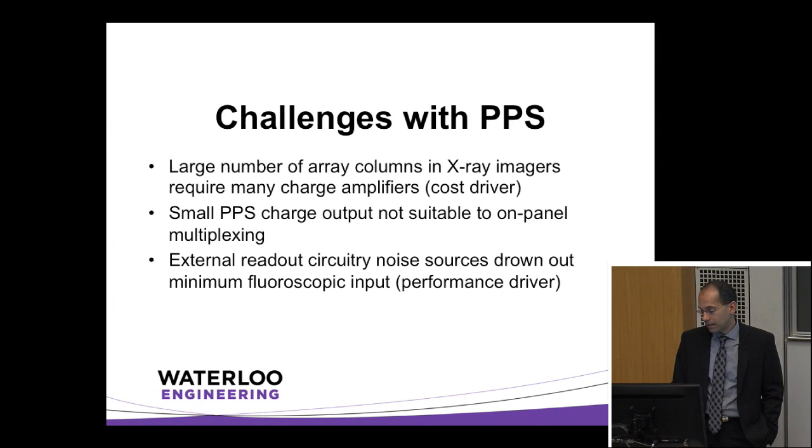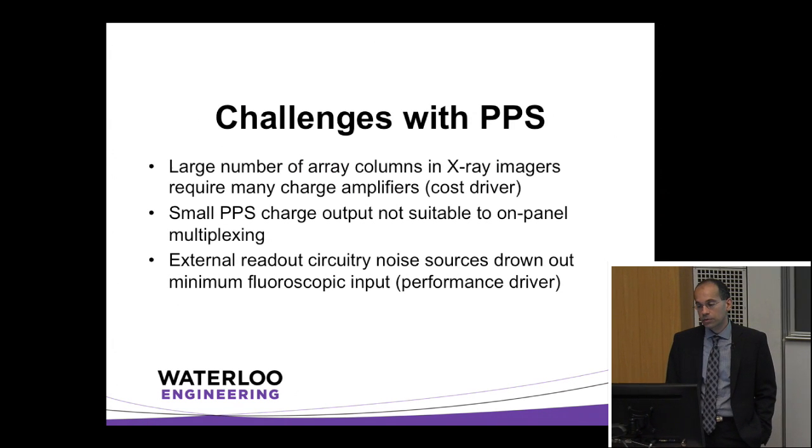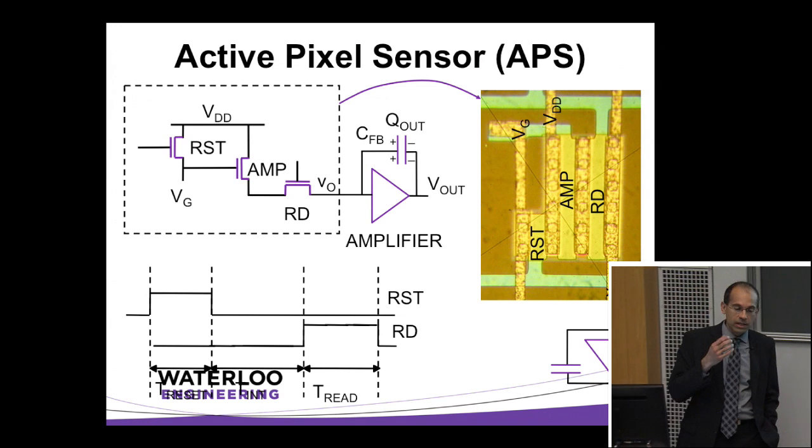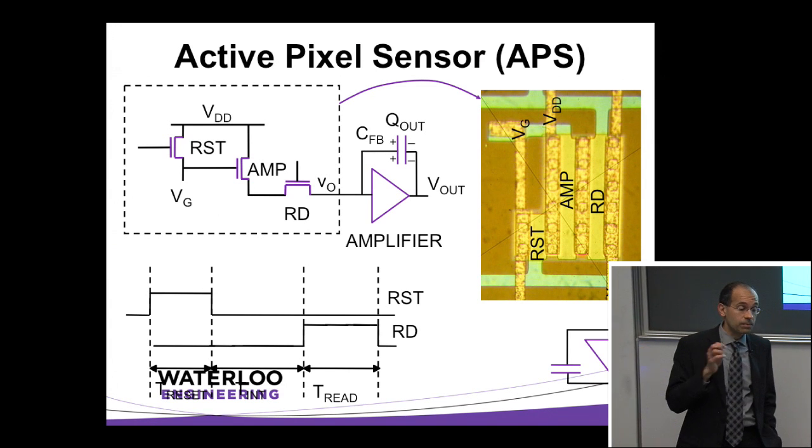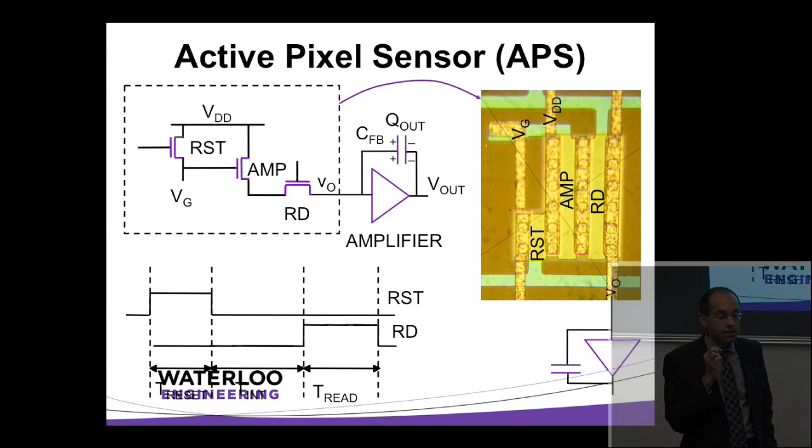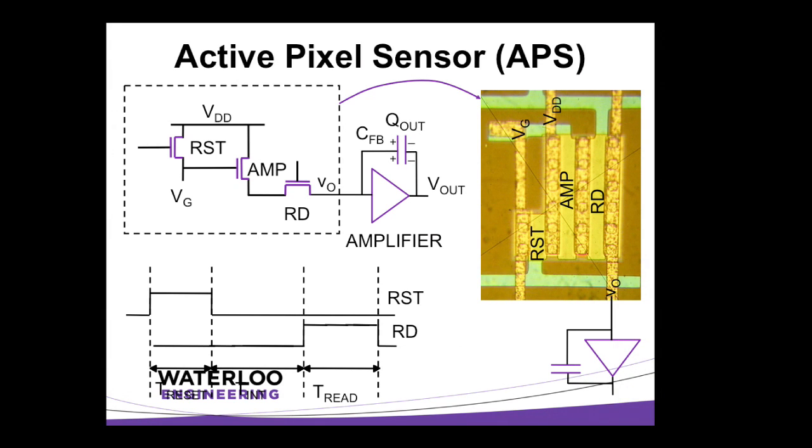Now, years back, probably back in 2001, 2002, we suggested, this was actually part of my PhD work, why don't we try and build a pixel-level amplifier in amorphous silicon technology? It was revolutionary at the time because amorphous silicon is an amorphous material. It suffers all the problems that all amorphous materials do.